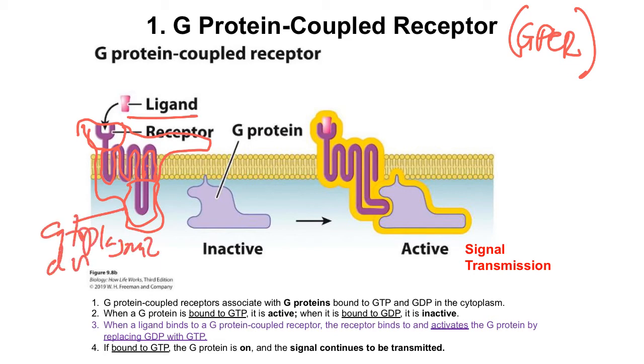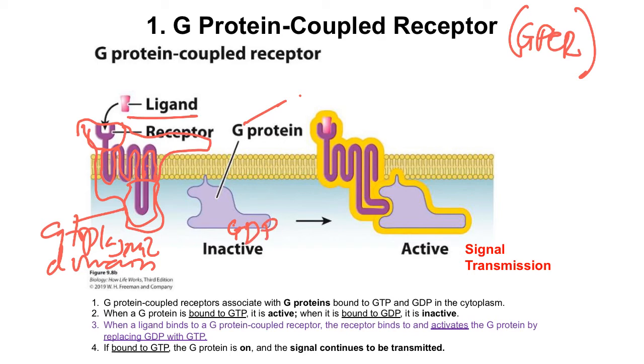Okay, and so what happens is that when the ligand binds the G protein coupled receptor, it causes it to interact with a G protein. The reason why this is called G protein is that the G protein binds to a small molecule called GDP.